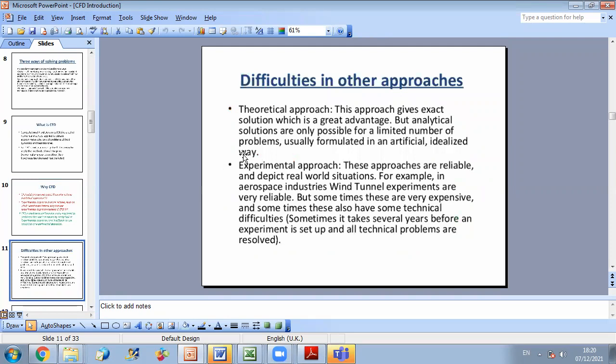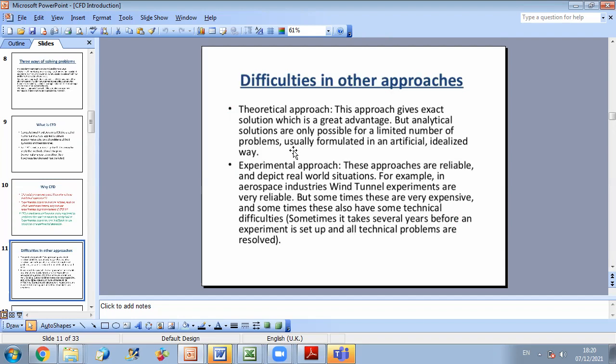So as we said, the theoretical approach gives an exact solution, which is a great advantage, but the analytical solution is limited to a number of problems, usually formulated in an artificial and idealized way. On the other hand, the experimental approach is reliable and depicts real-world situations.